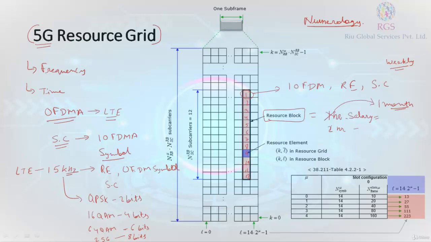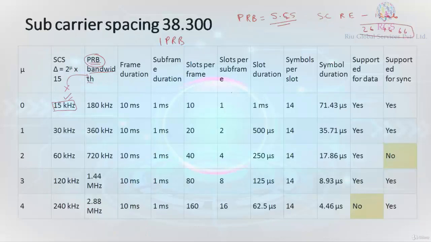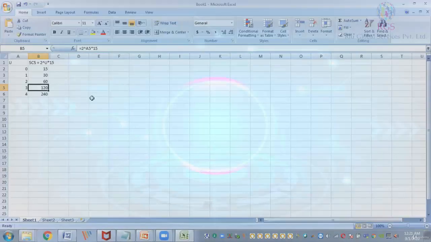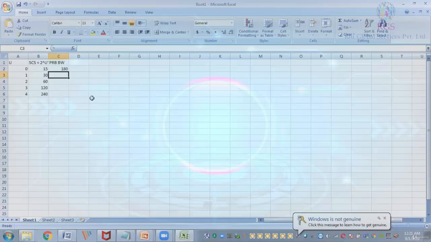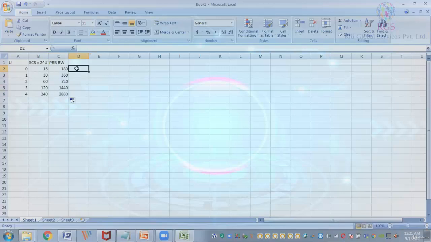Okay, coming back. So coming back, physical resource block bandwidth. So 15 times 12 is 180. We will do that same calculation in here. So how much will the PRB bandwidth be? So this times 12, right?